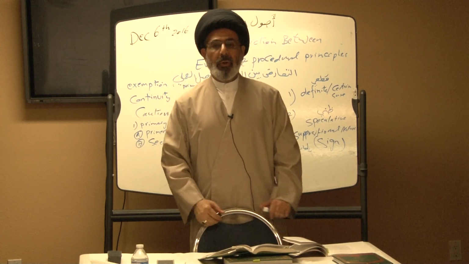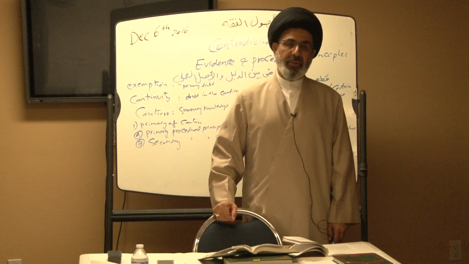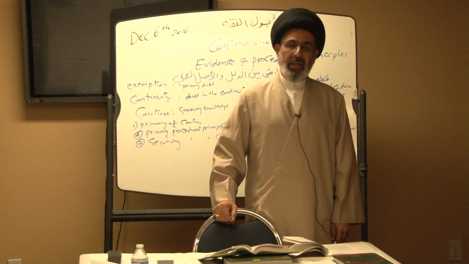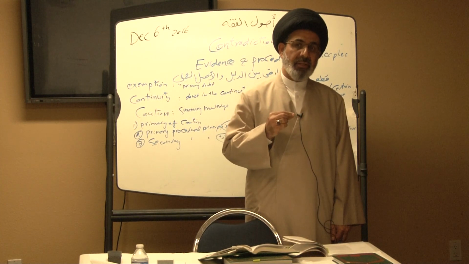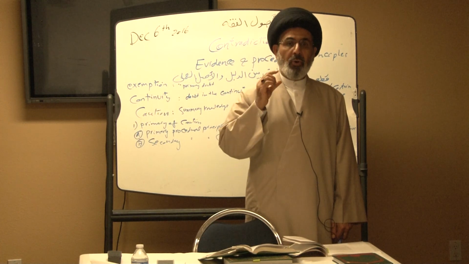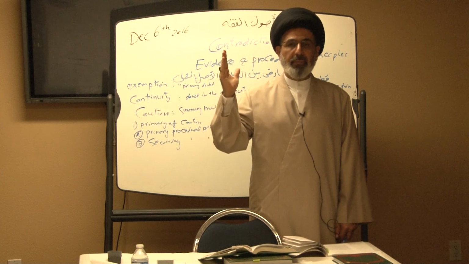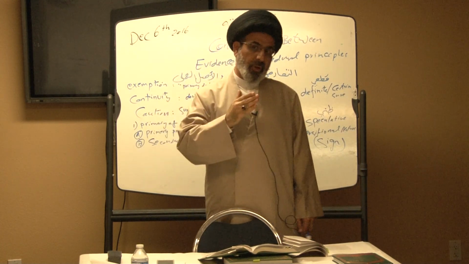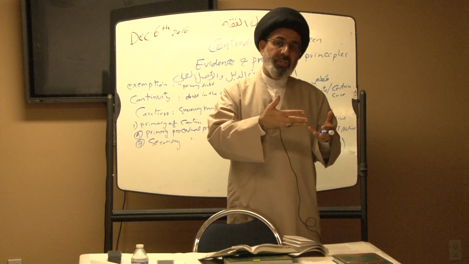Part one, when we have an evidence, a hadith that is general, and another hadith that is specific, the specific takes precedence. Or if we have a hadith that is mutlaq, unrestricted, when it conflicts with another one which is restricted, we take the restricted one.